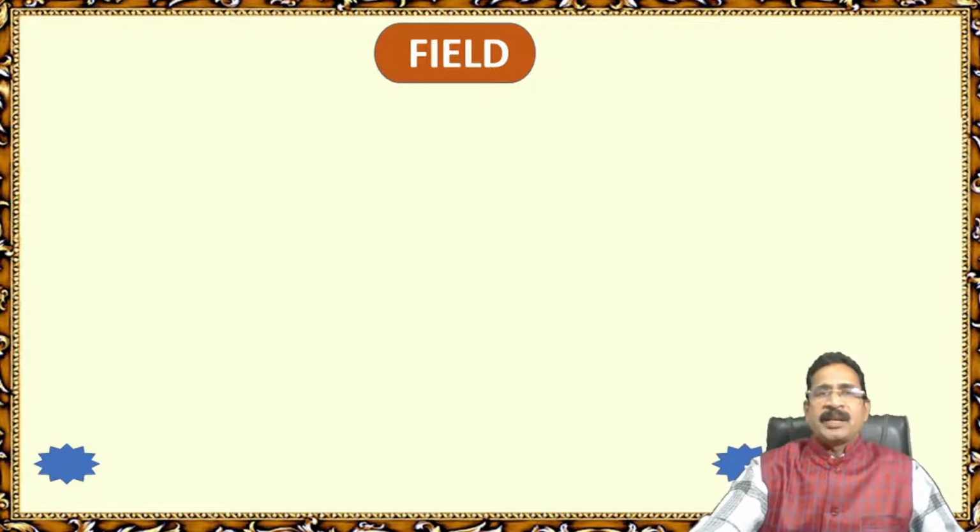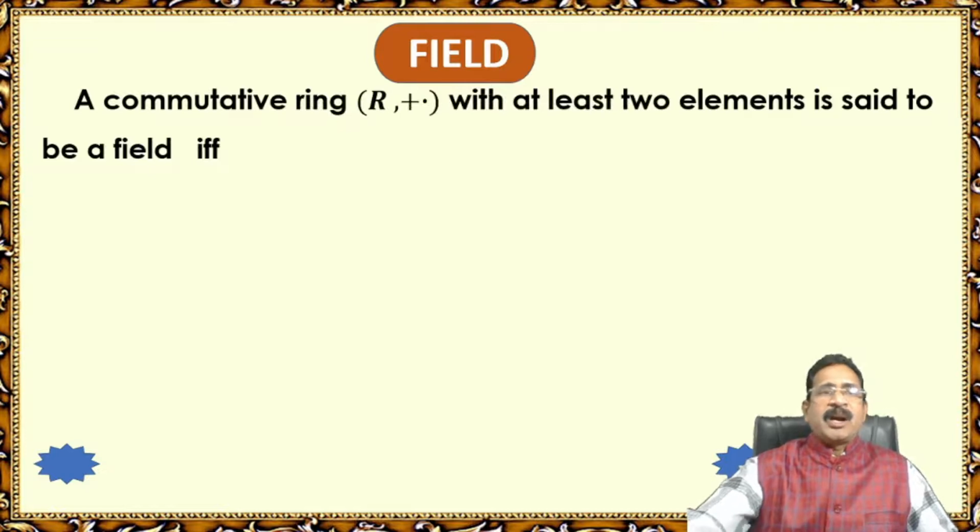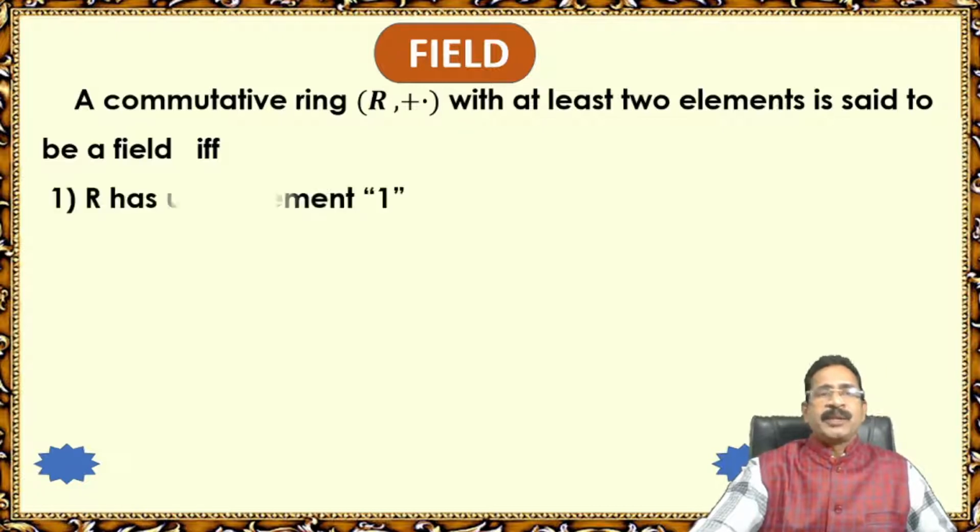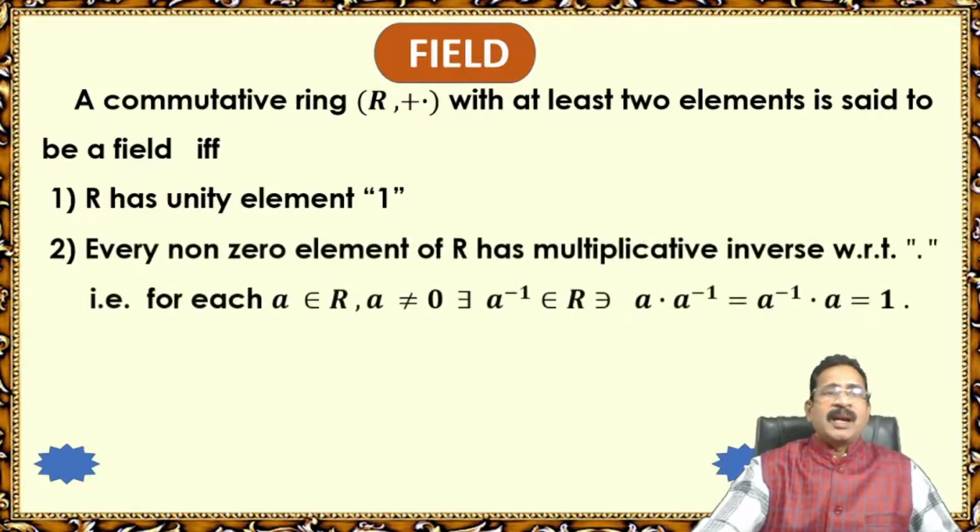Now, I will explain what is a field. A commutative ring (R, +, ·) with at least two elements is said to be a field if and only if R has a unity element 1 and every non-zero element of R has a multiplicative inverse.